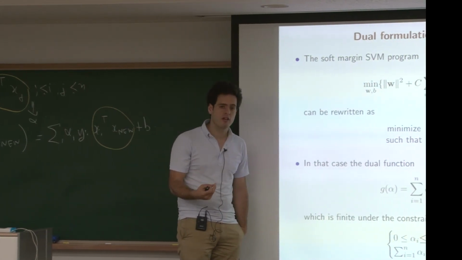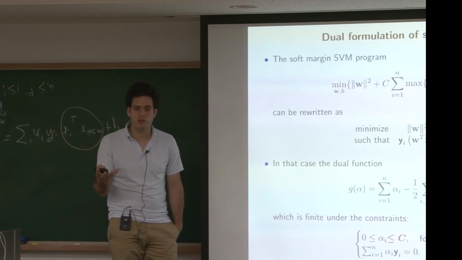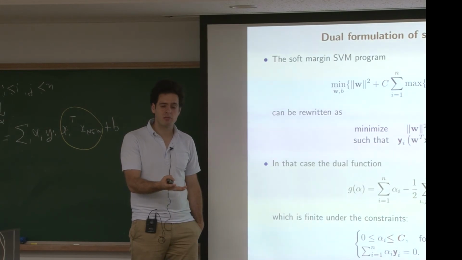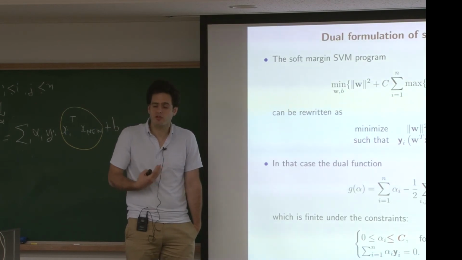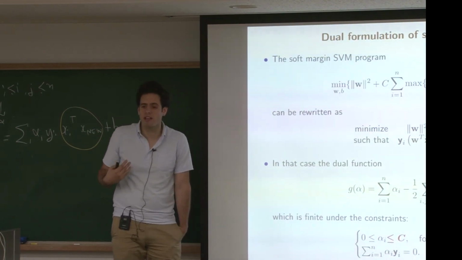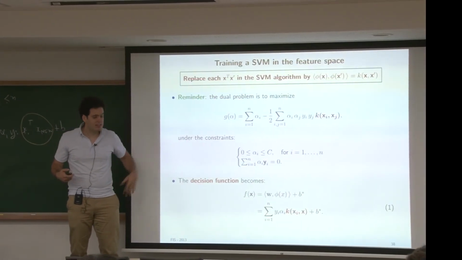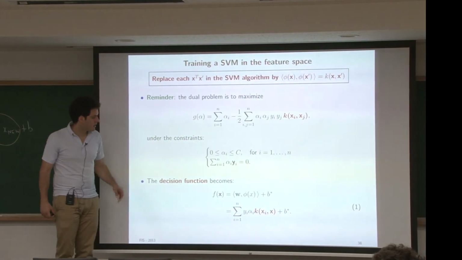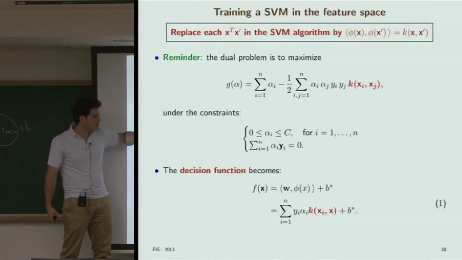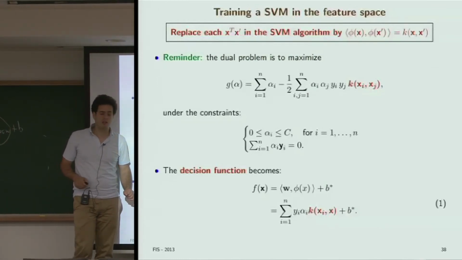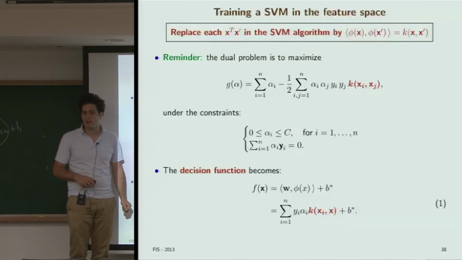So here is the idea of the so-called kernel trick. If the algorithm only has access to the data in terms of the dot product of xi to xj and of xi to a new point, then we can choose any dot product of our liking. That's the idea behind kernel methods in the support vector machine context: substitute for those xi transpose xj's any kernel function of xi and xj.